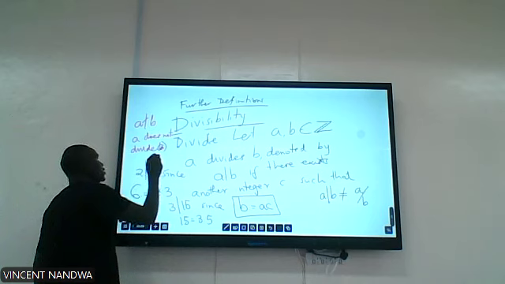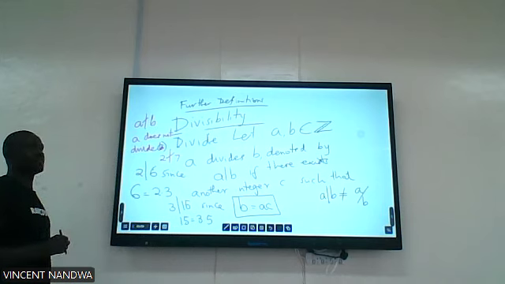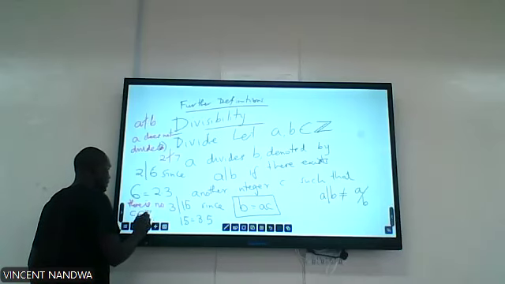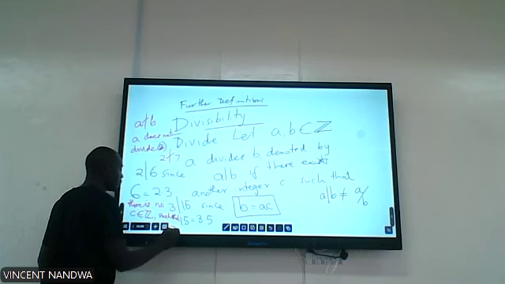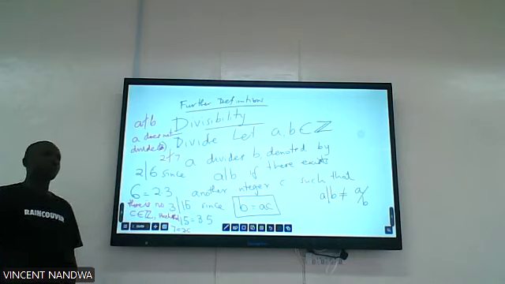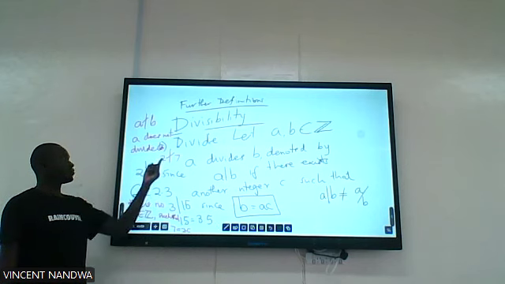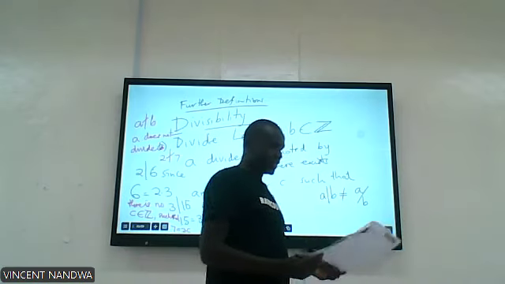For example, I can write 2 does not divide 7, since there is no integer c such that 7 can be written as 2 times c. For this to make sense, c must be a decimal. So 2 does not divide 7. Those are the basics.